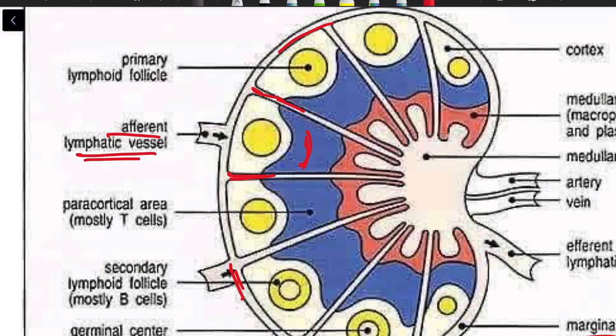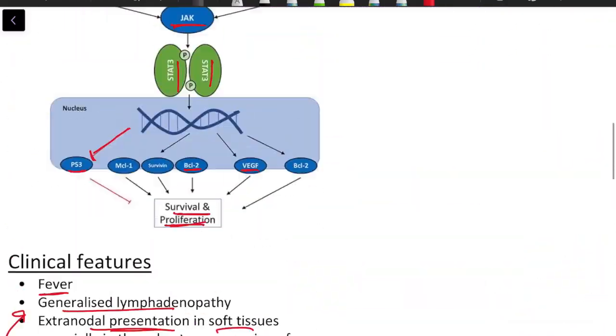Now what happens is that since these T cells have a tendency to cluster around these venules or the sinuses, whenever a neoplastic proliferation occurs, they have a surrounding kind of growth around the follicle, and this is what causes the diffuse effacement of the lymphoid follicle.